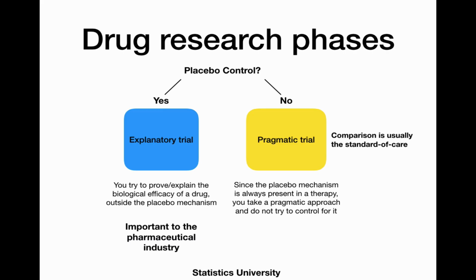The interesting control in these kind of trials is actually the standard of care as a comparator. And this is important to the researcher and patient because we try to move forward in clinical practice. So you always want to know whether an experimental therapy performs better than an already established therapy. The only other case where it makes sense to use a placebo is if there is no established therapy for a disease.